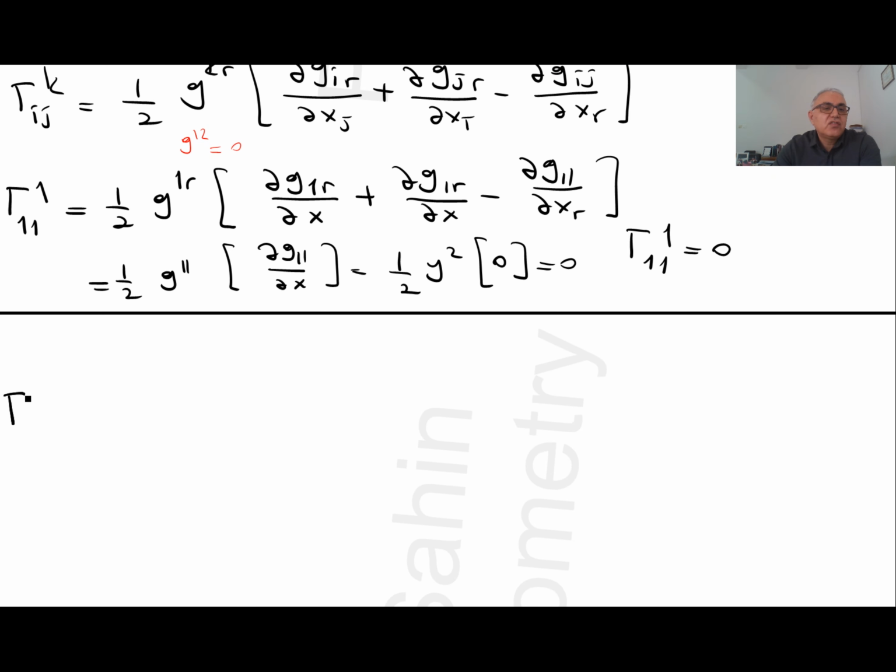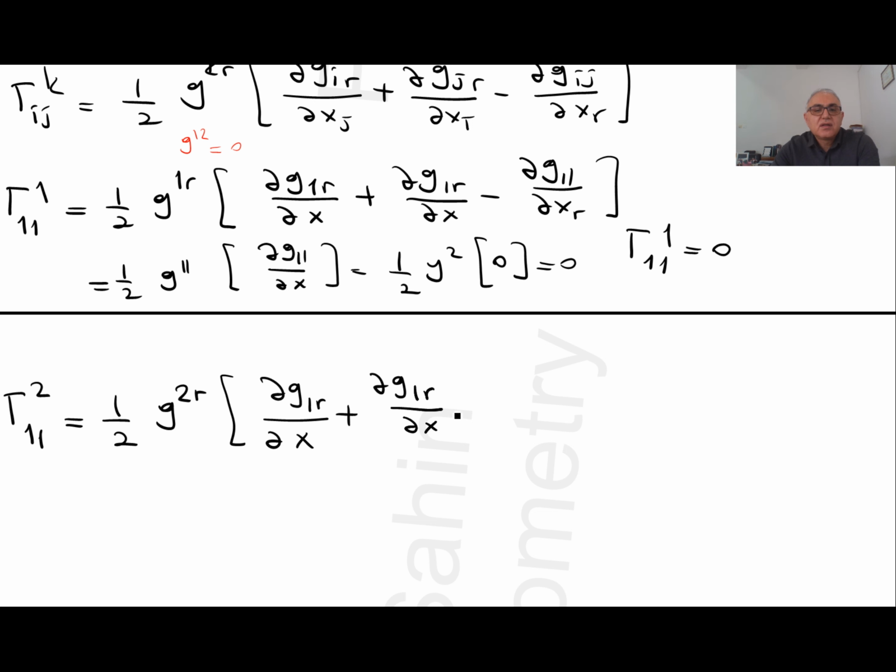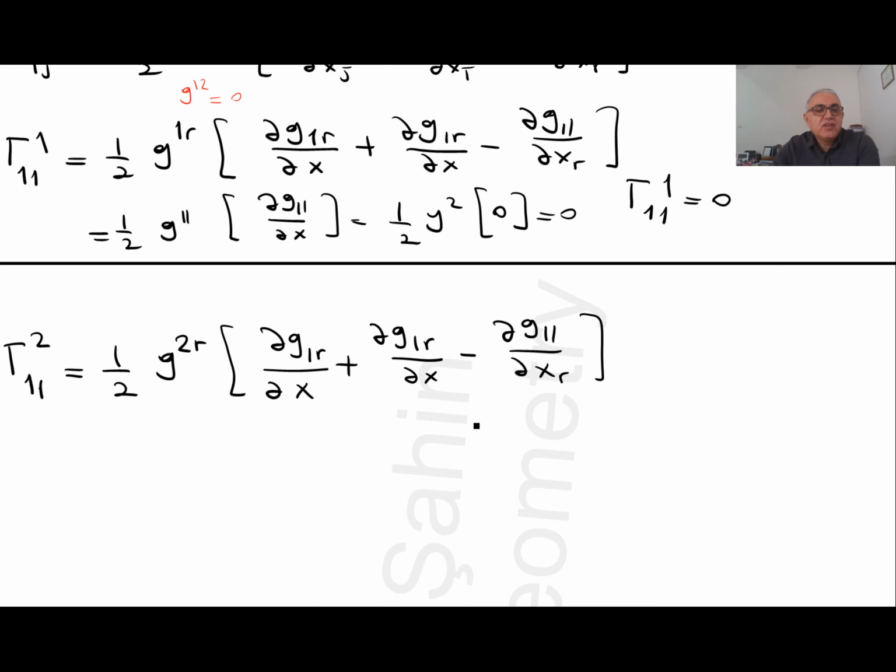Let me find another one, Γ^2_11. Again we need g^2r, and we only need g22 because g21 is 0. The terms ∂_x g12 and ∂_x g12 are 0, leaving −∂_y g11.